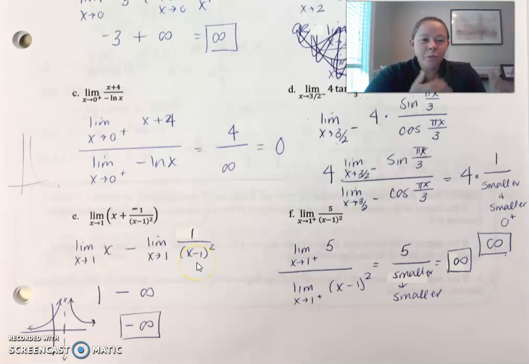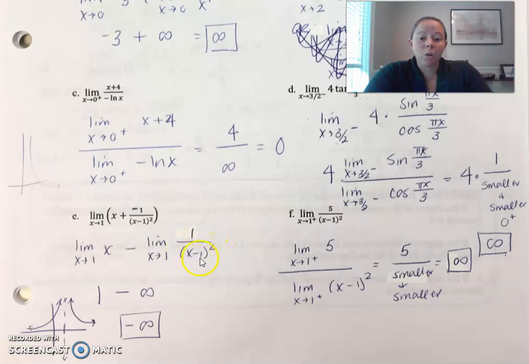Okay, are there any strategies that I know of I can use? Can I factor, conjugate, multiply by 1? There is nothing. So now think numerically. If I try to plug 1 in, obviously I can't plug it in, but if I plug in 0.9, or if I plug in 1.01, I get 0.01 squared.